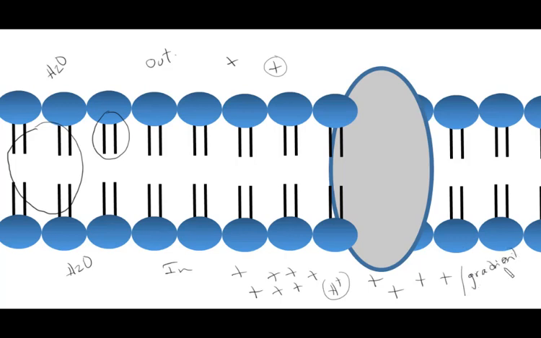Okay, this gradient here is a chemical gradient, and whenever we have a gradient, whether it's like height or chemicals or whatever, there is a potential energy that is stored in the gradient. So say that I punch a hole in this membrane here.